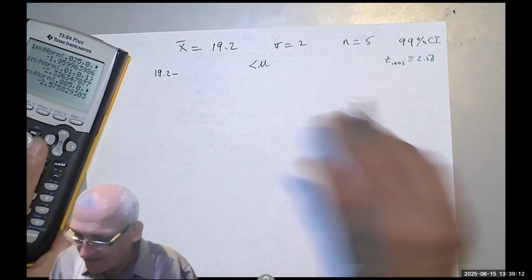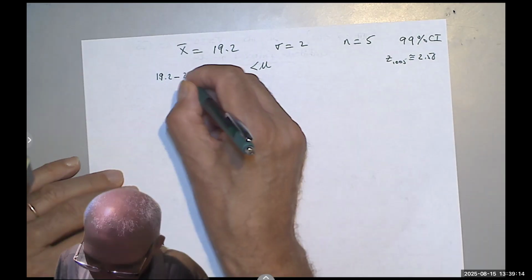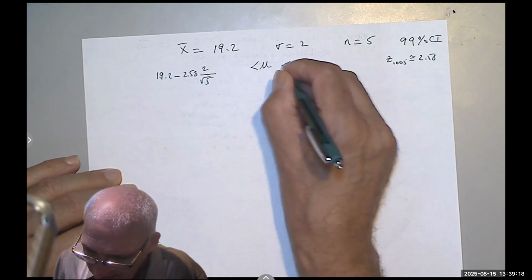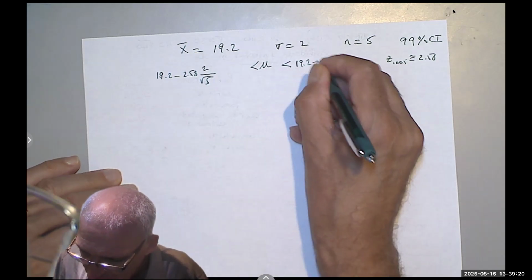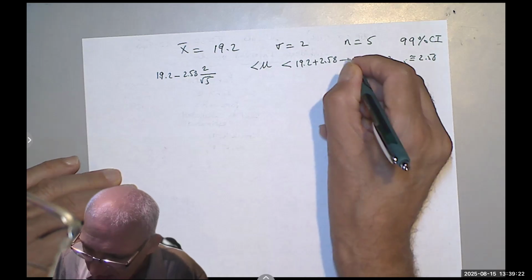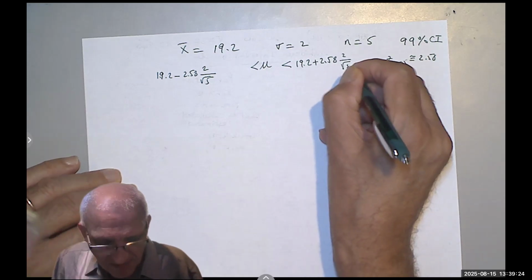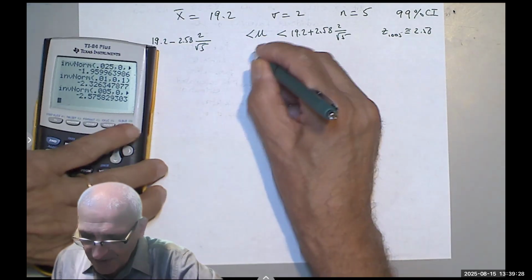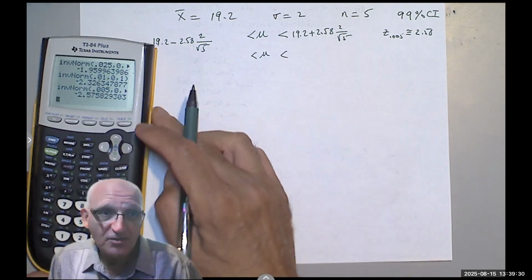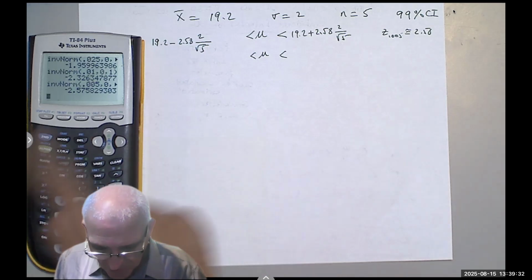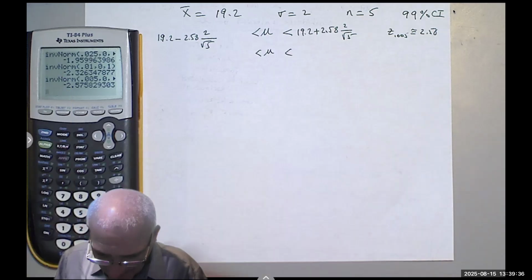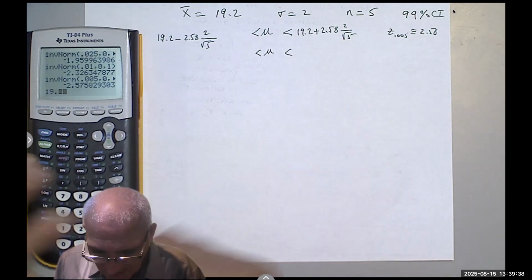We usually use negative 2.58 times sigma over root n less than mu less than 19.2 plus 2.58 sigma over root n. Again, it's easy to calculate. You can do it with the calculator. We'll learn that later. You use the statistics and you go and find that, but this is easy since we are making the numbers.